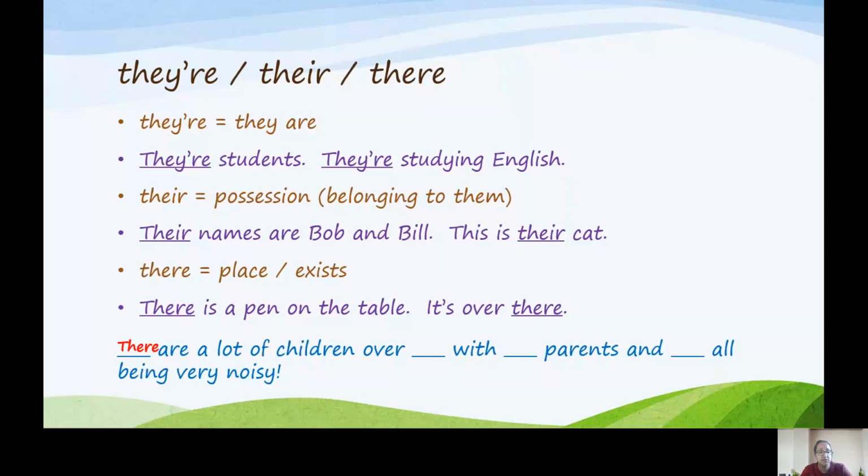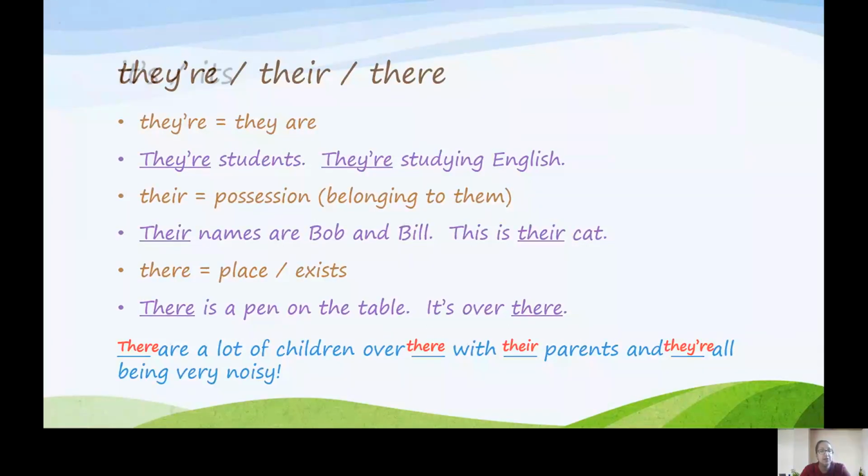There are a lot of children over there. Again, this is saying where something is. So it's the last form. With their parents. This one is talking about possession. So it's the second one. And they're all being very noisy. Here it is the contraction for they are.